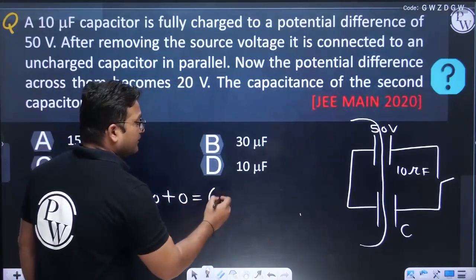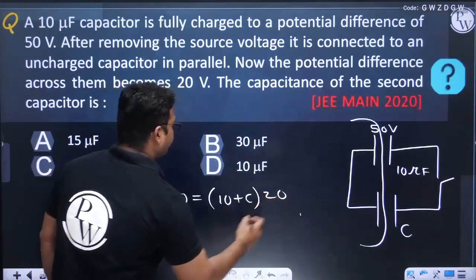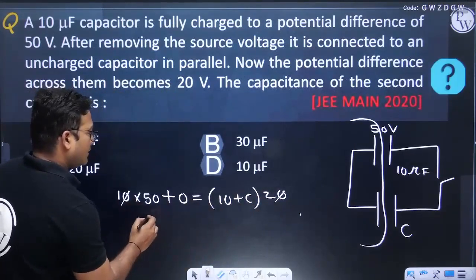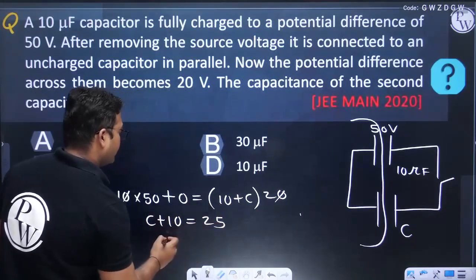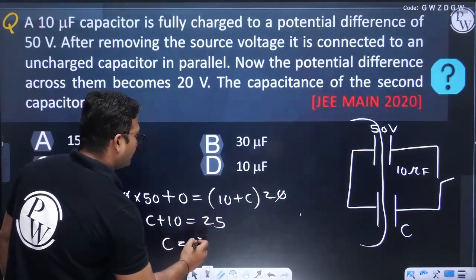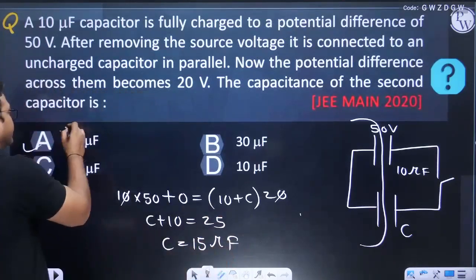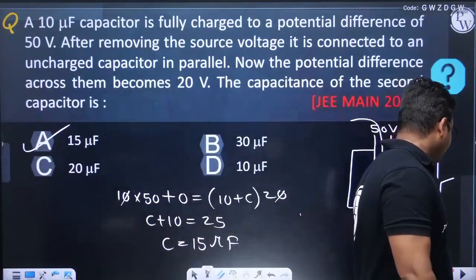So finally the charge becomes 10 plus C times 20. So here we see C plus 10 is equal to 25. So C will be simply 15 microfarad, and the correct answer is obviously A. Okay, next question.